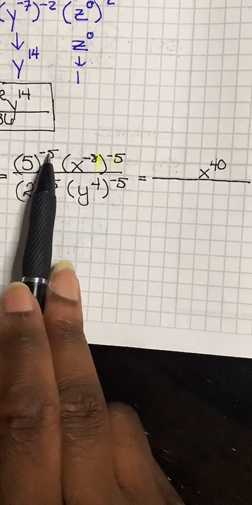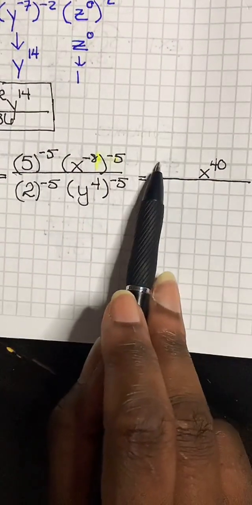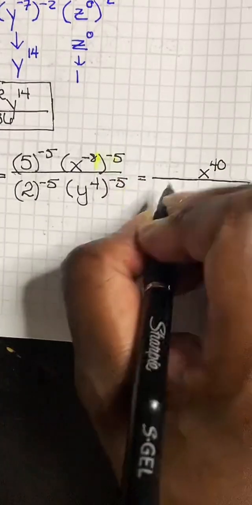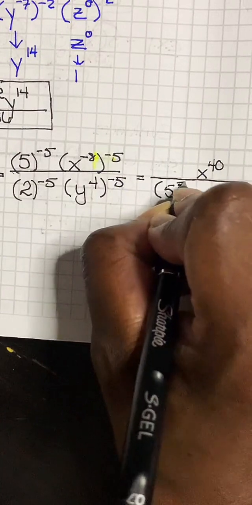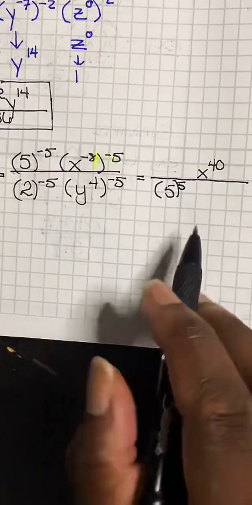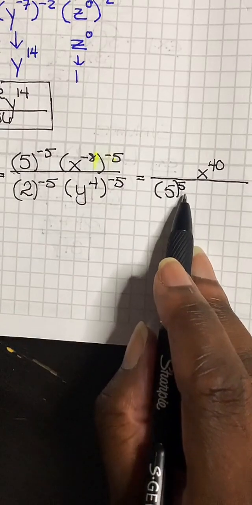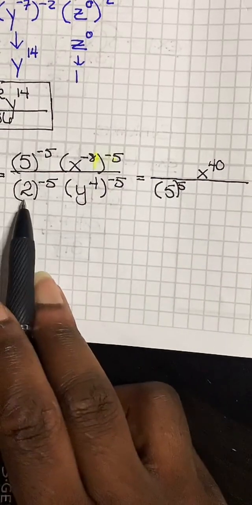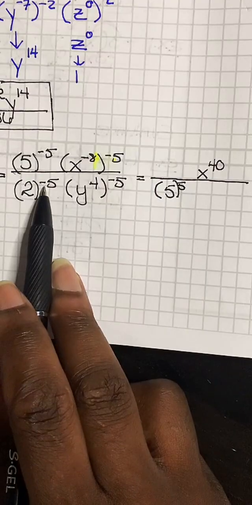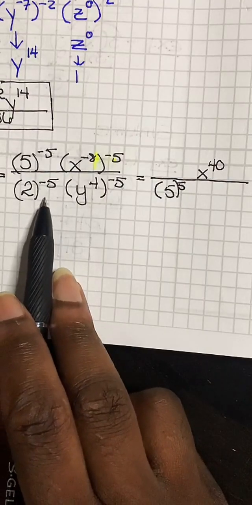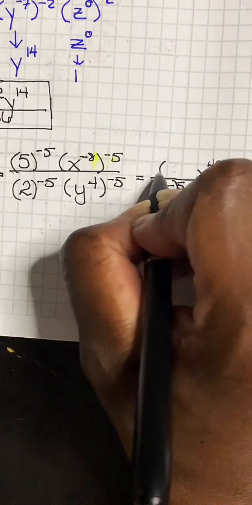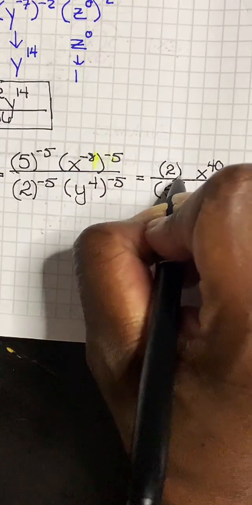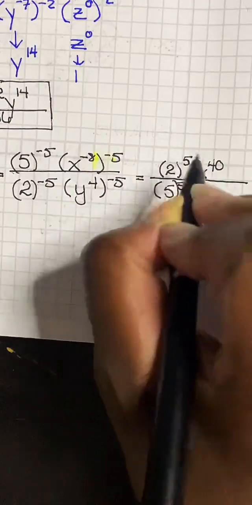The 5 raised to the -5th power was in the numerator, now we're going to put it in the denominator, with a positive exponent. That 2 to the -5th, since it was in the denominator, is going to go into the numerator to make our exponent positive.